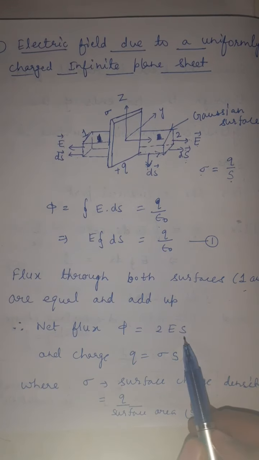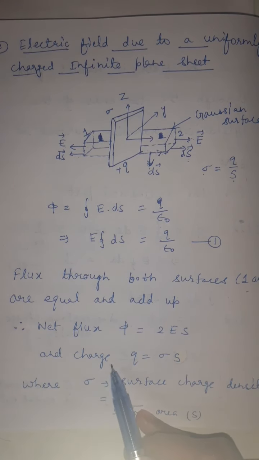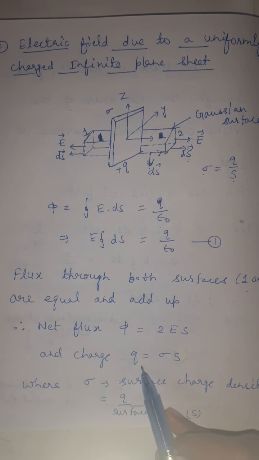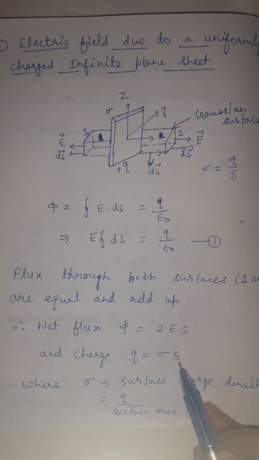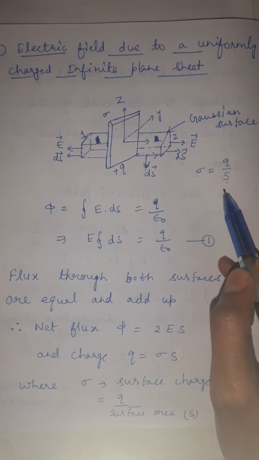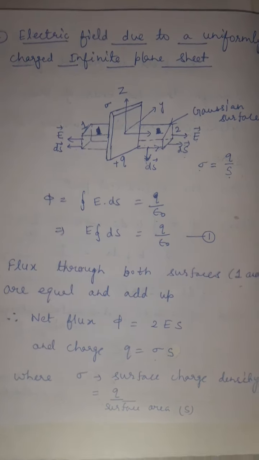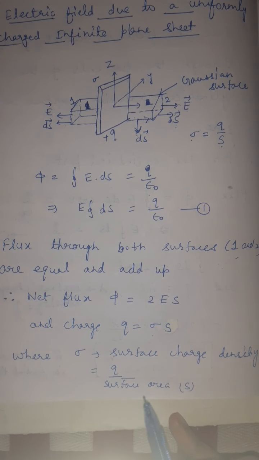So the total flux will be twice Es, and the charge enclosed by the surface will be equal to sigma, the surface charge density, multiplied by the surface area S. From this formula, q equals sigma into S. So this is the surface charge density, q upon surface area.